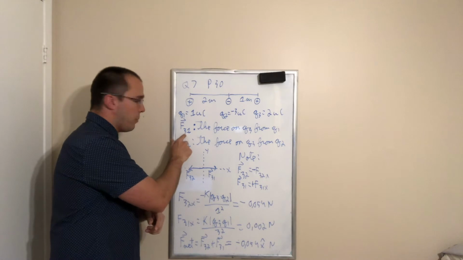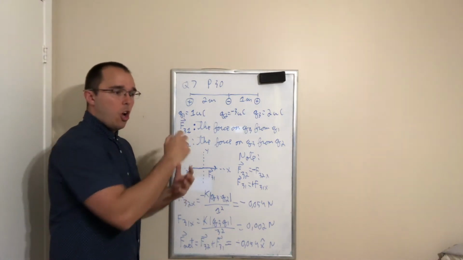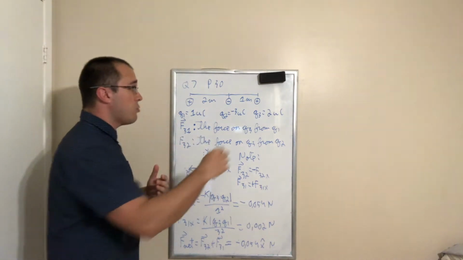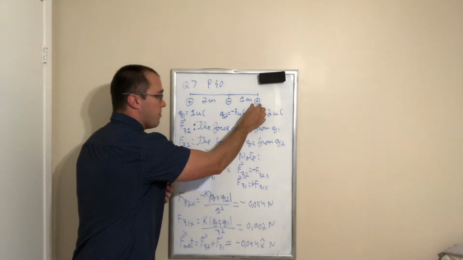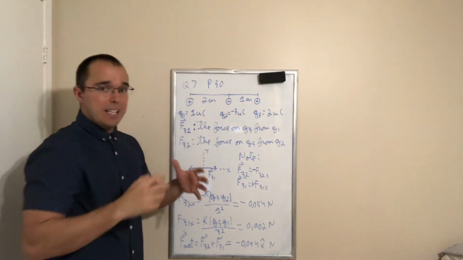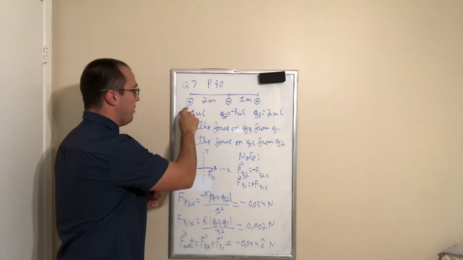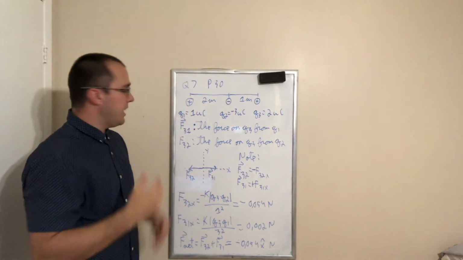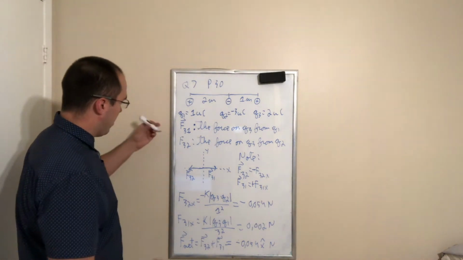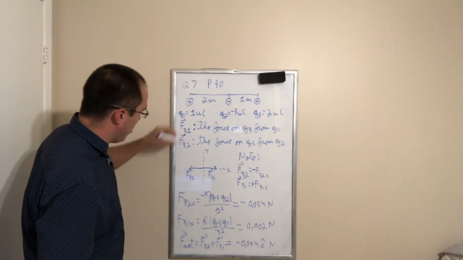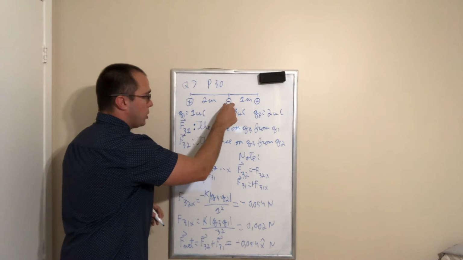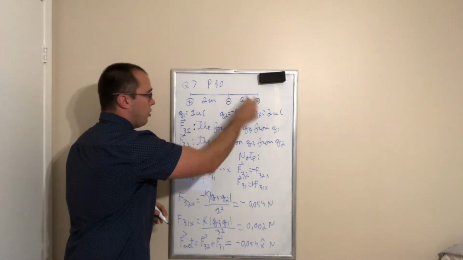The first number is the charge that we are considering. In this case, we want to know the net force on the third charge. The second number is which charge is applying that force. In this case, it would be the first charge. Exactly the same logic with the force vector F32. It's the force from the second charge applied on the third charge.